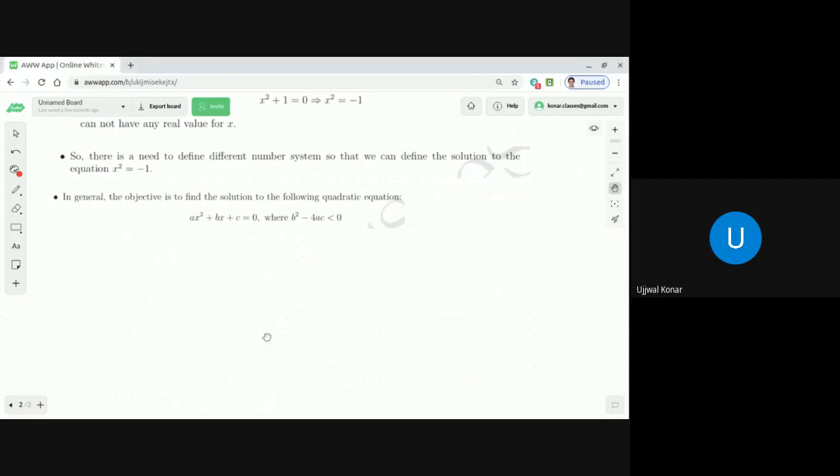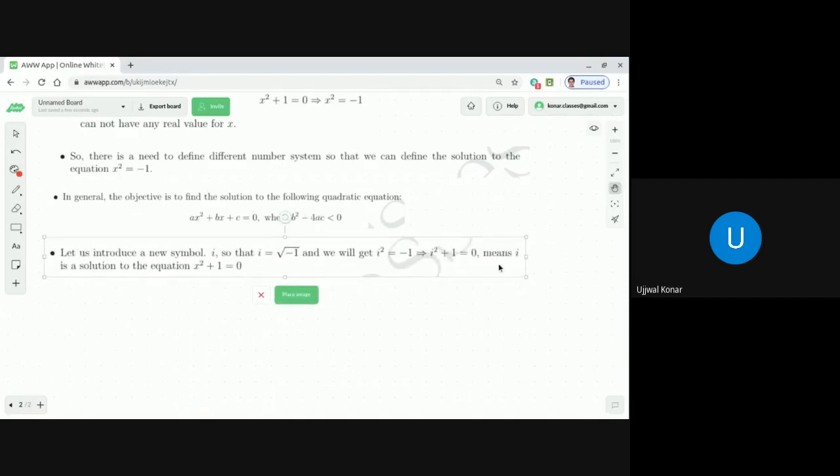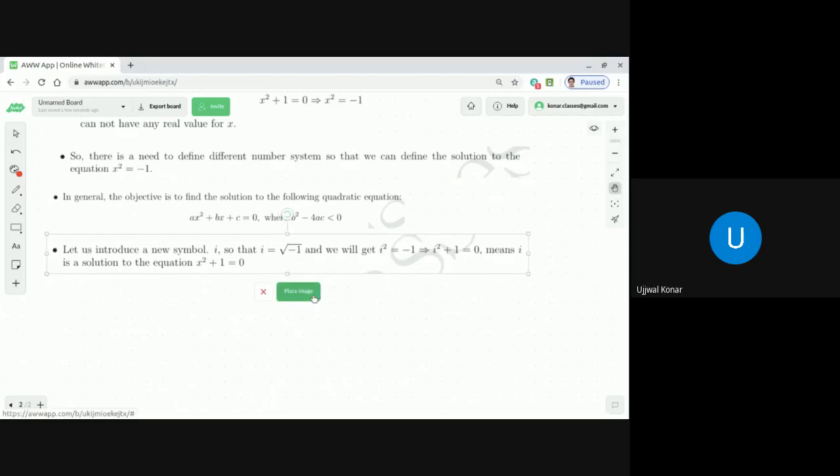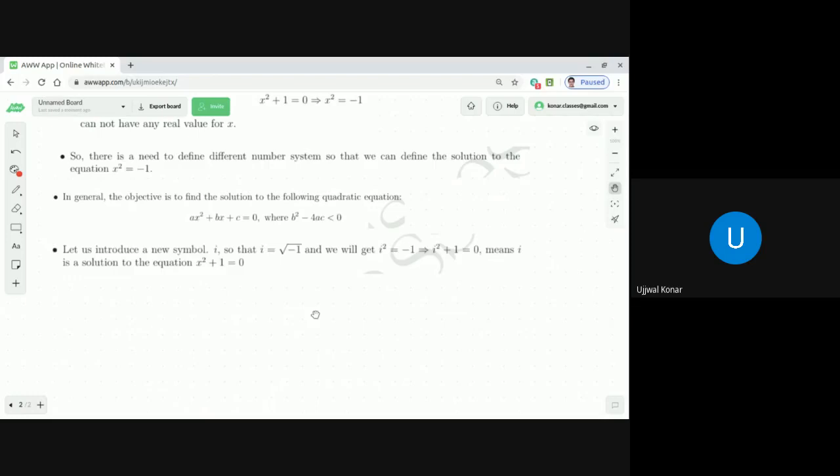And what does that symbol represent? i represents the square root of minus 1. Okay? So let us introduce a new symbol i, so that i is equal to the square root of minus 1, and we will get i square equal to minus 1. i square equal to minus 1 means what? i square plus 1 equal to 0.